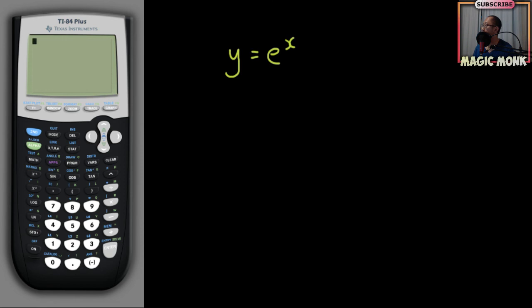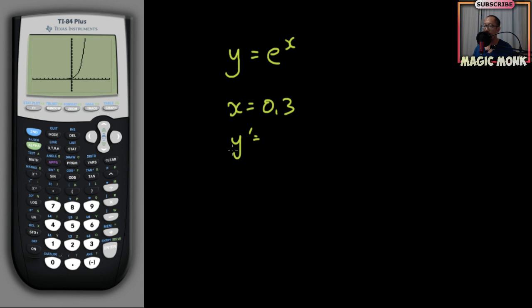So if you draw a graph of y equals e to the power of x, and you go to a point, let's say x equals 0.3, just a random point, and you find out what y dash is.